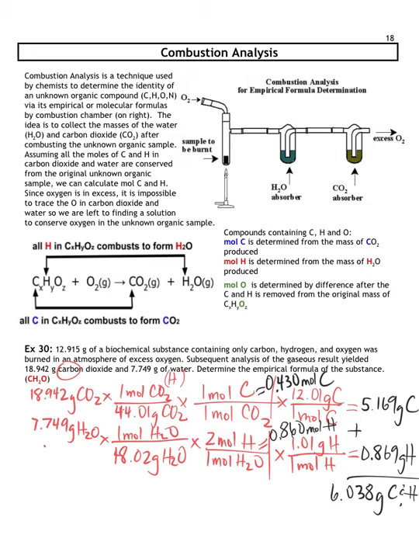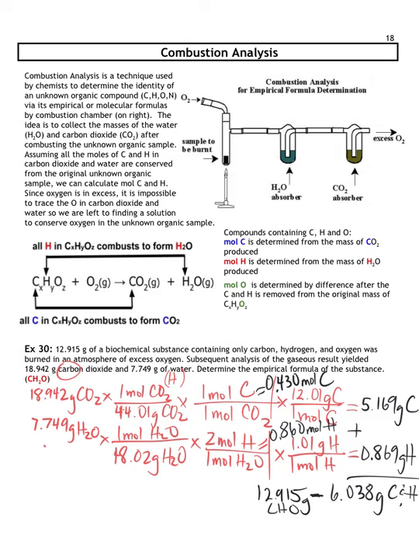So, following through with that logic, if I take 12.915 and subtract, and that has carbon, hydrogen, and oxygen, I will get the mass of my oxygen.